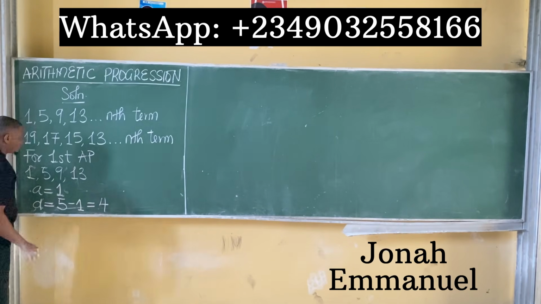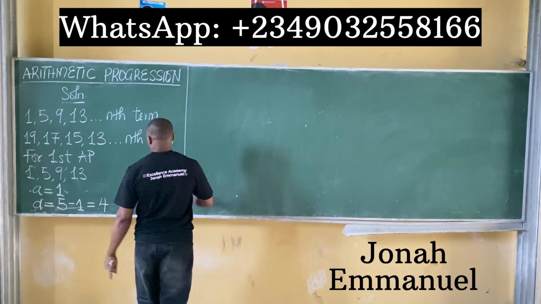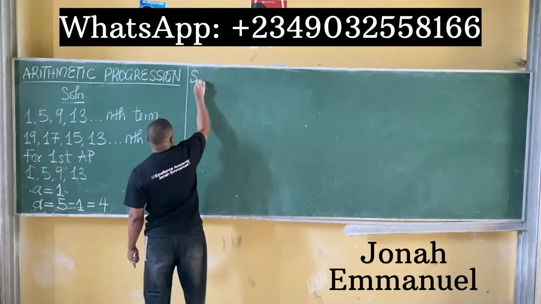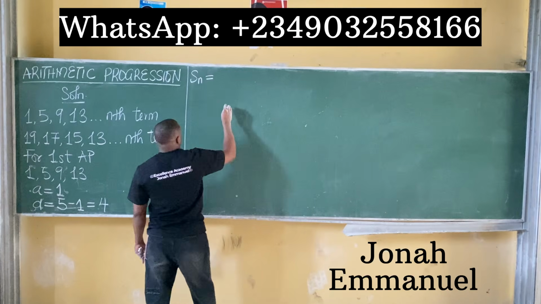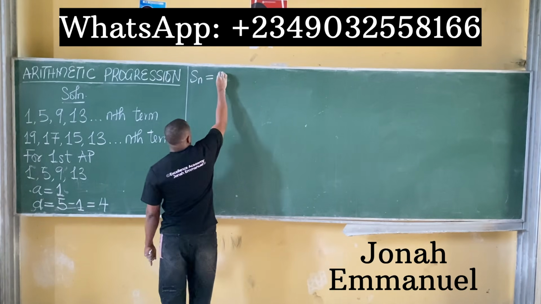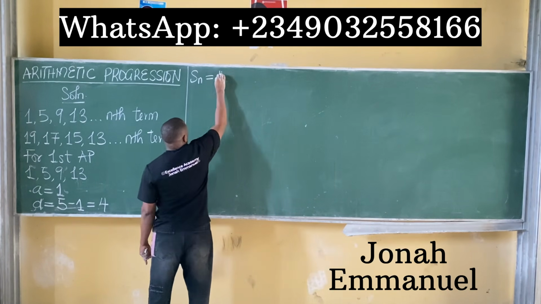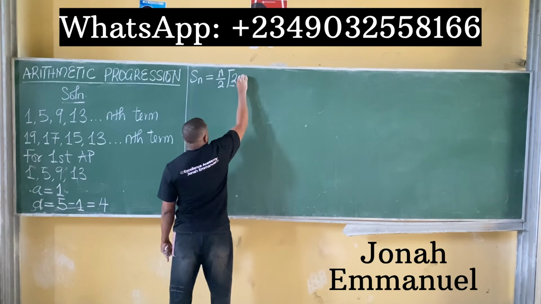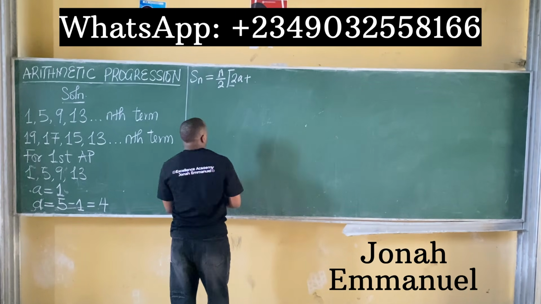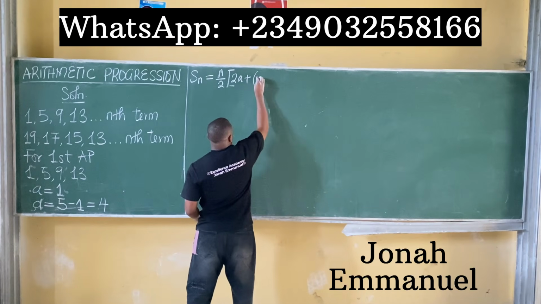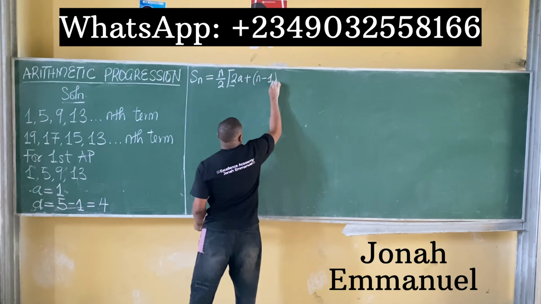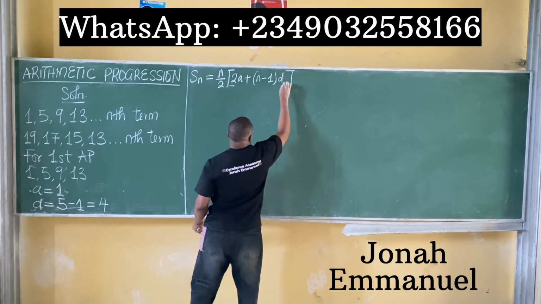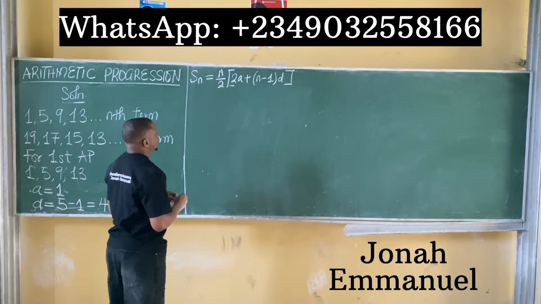So you have this. Let's get the sum of the terms here. The sum Sn is equal to, the formula for the sum of an AP is n over 2 into 2a plus n minus 1 into d.